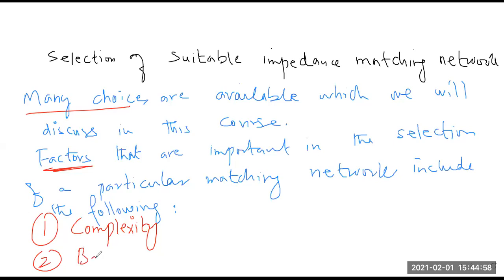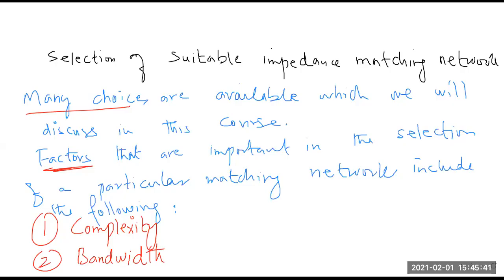The second one is bandwidth. When you design an impedance matching circuit, it gives you the matching behavior within a certain frequency range. That frequency range is what we call the bandwidth of the impedance matching circuit. The impedance matching circuits available to you have different bandwidth performance.